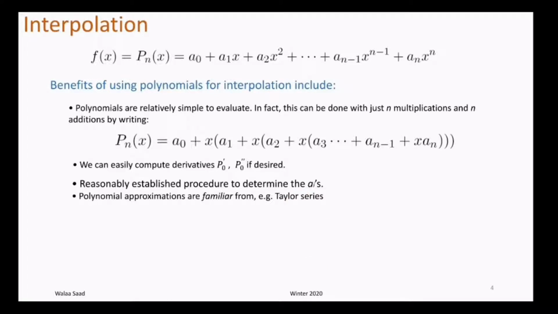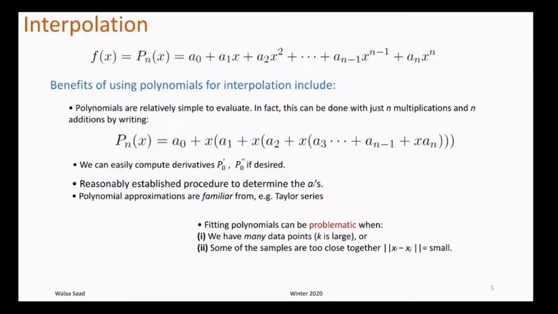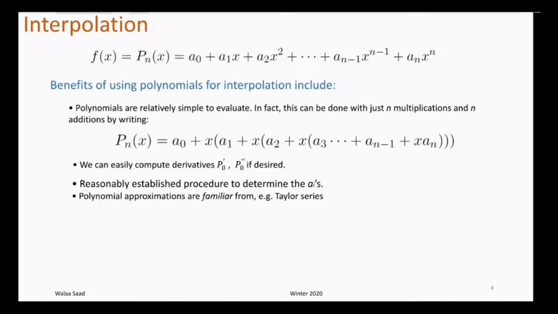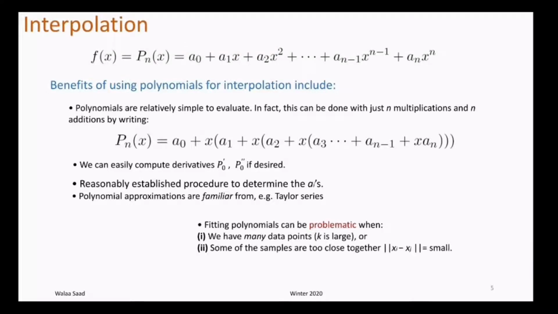The only thing that we need to avoid is dealing with a large number of points and close values. If the absolute difference between two successive values is very small, this is a situation which we need to avoid.